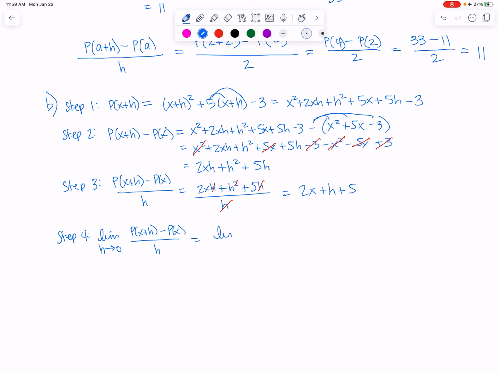So the limit as h goes to 0 of 2x plus h plus 5, if h goes to 0, we're left with 2x plus 5. So we have p prime of x equals 2x plus 5. We found our instantaneous rate equation, which is known as our first derivative.